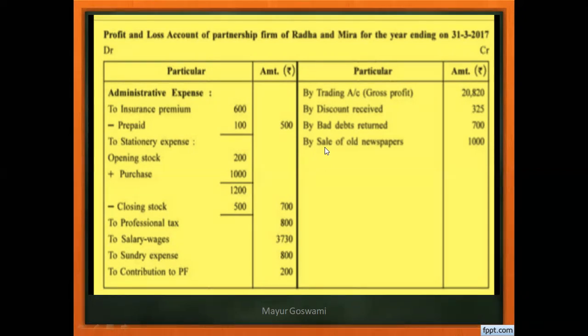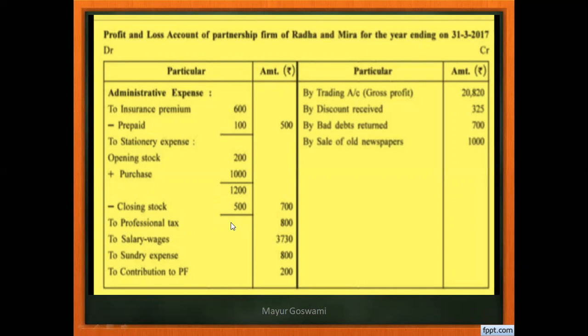P&L credit side, by sale of old newspaper 1000 rupees. Then professional tax, one kind of expense, write down on the debit side of P&L, to professional tax, 800 rupees.